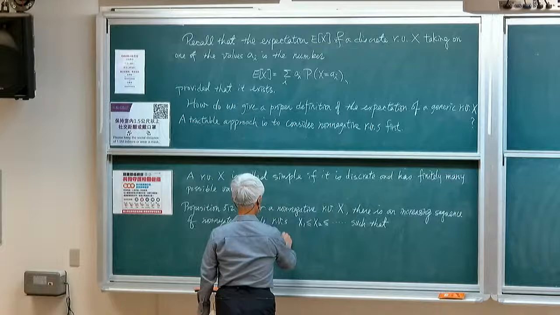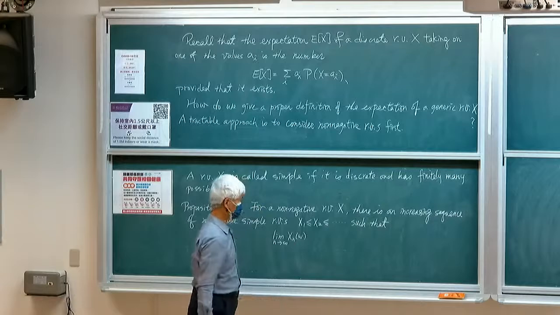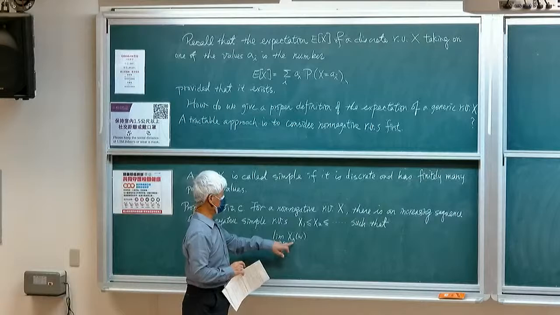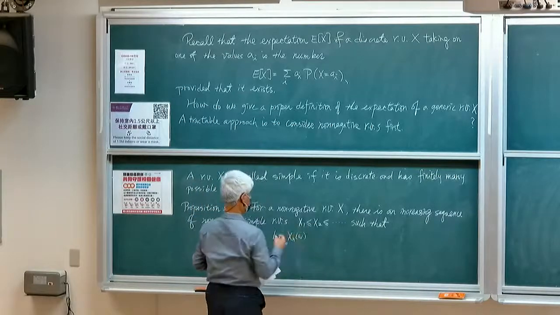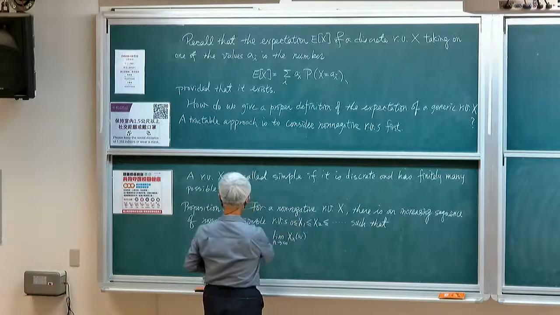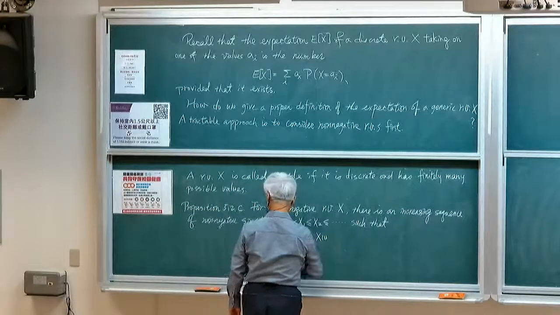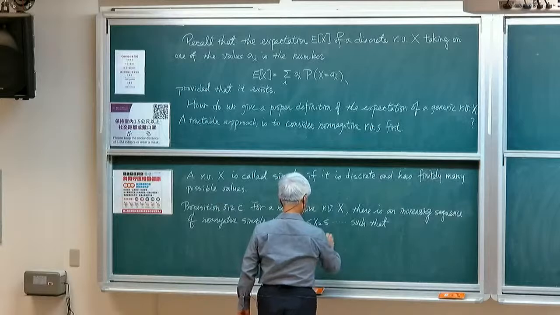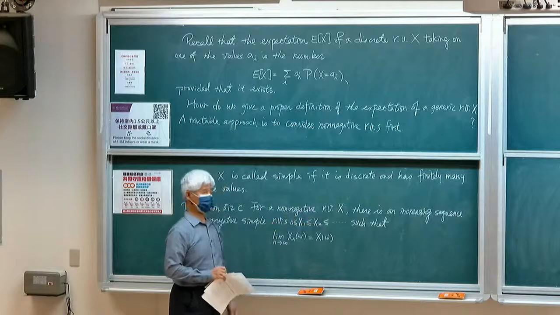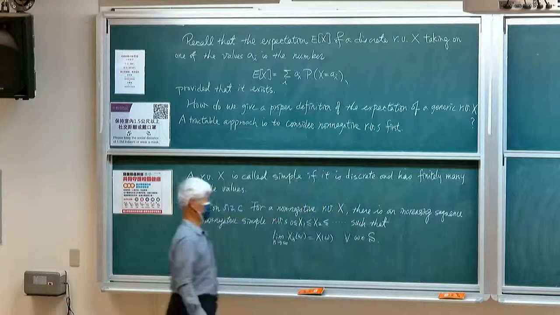the limit of, so for each sample omega, the value of the nth simple random variable, okay, I have to say that because non-negative, is going to approach the original random variable X, for all samples in the sample space.